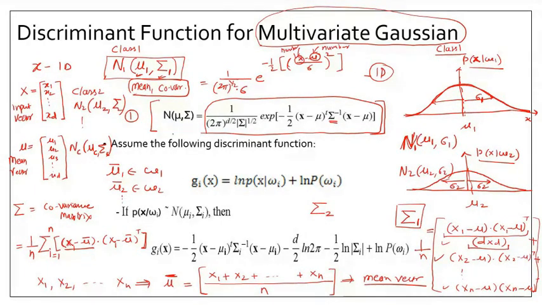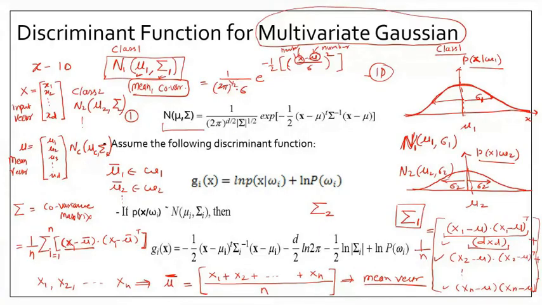Now once I do this, we have to substitute this information in our discriminant function. The discriminant function was gi(x), which we defined earlier.